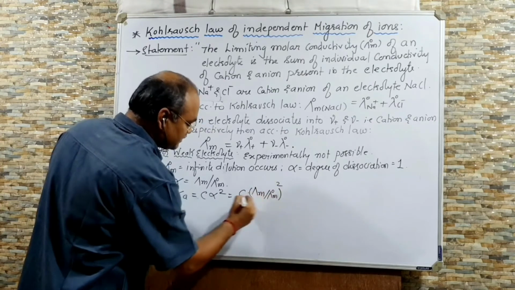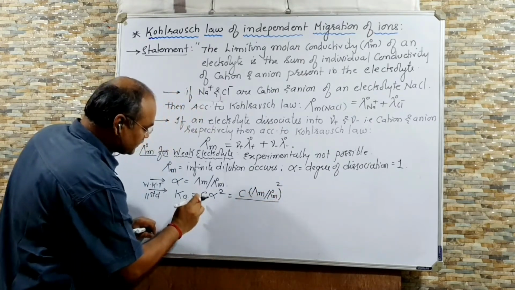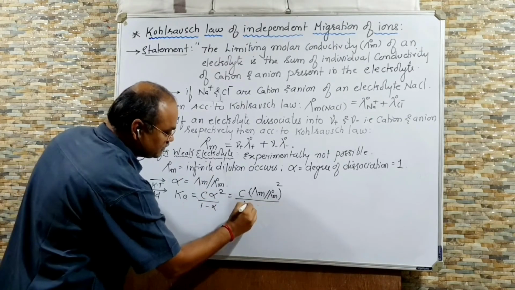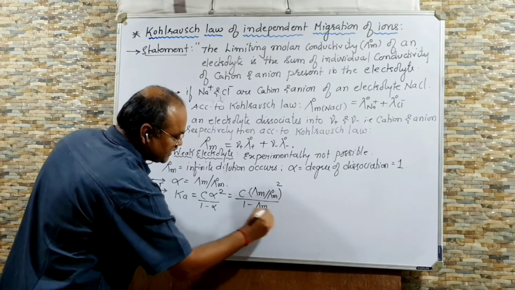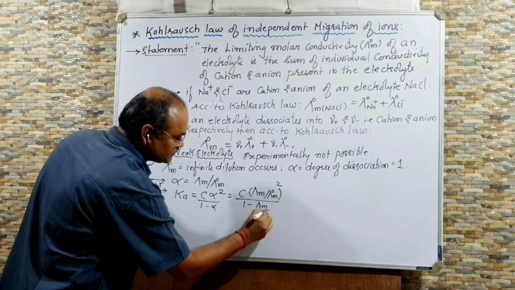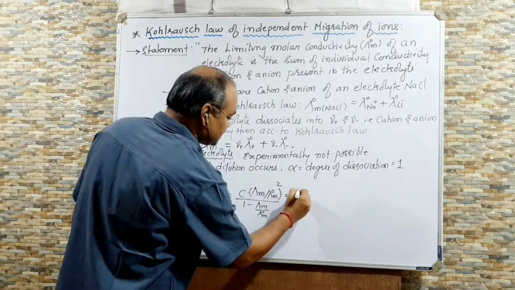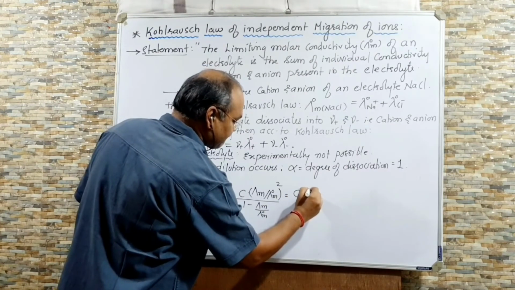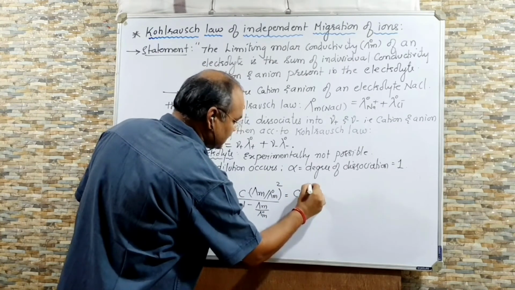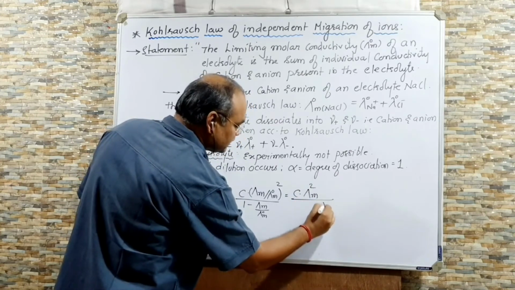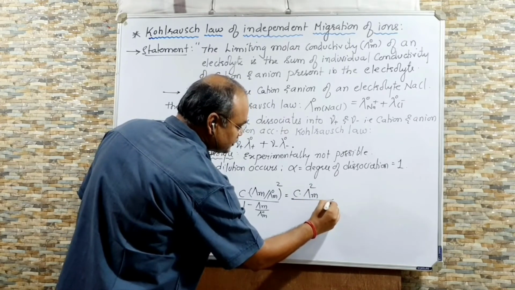This was our formula. So C times lambda m upon lambda 0 m whole square divided by 1 minus lambda m upon lambda 0 m. You can open this bracket: C lambda m whole square divided by lambda 0 m whole square.